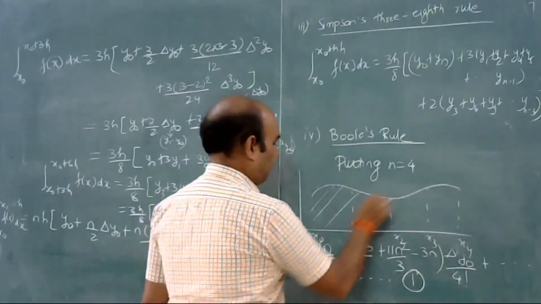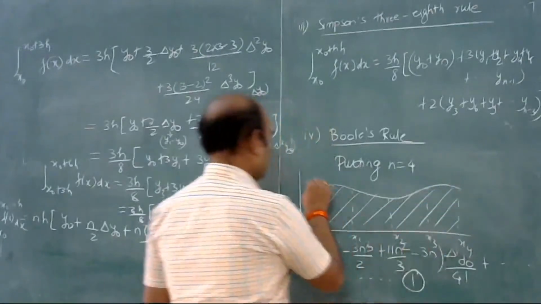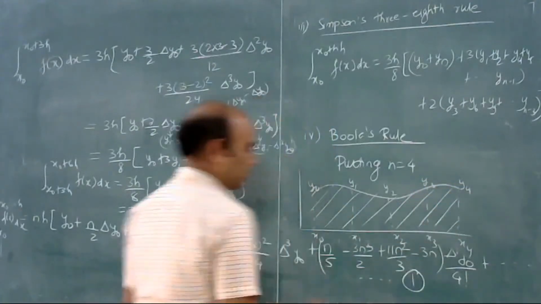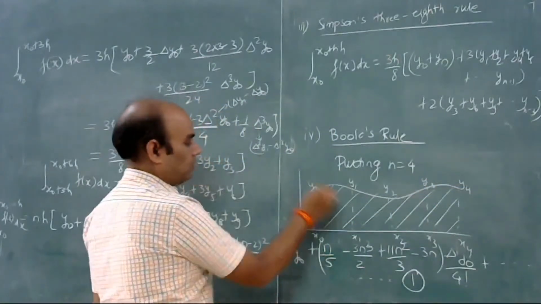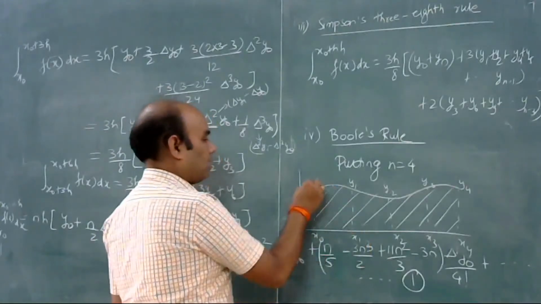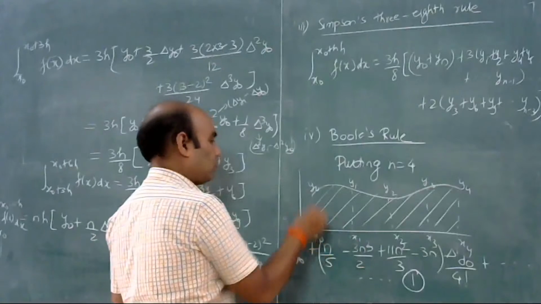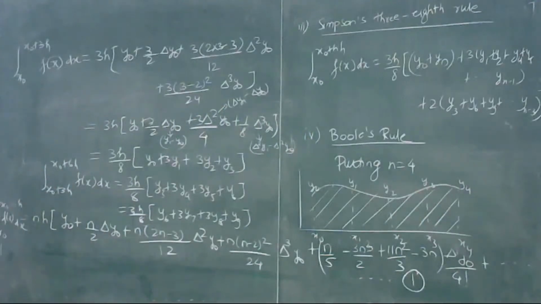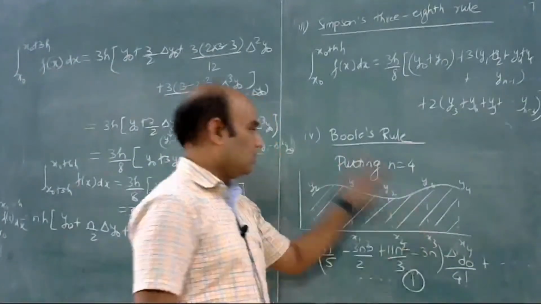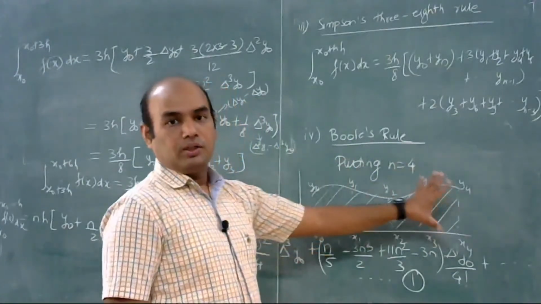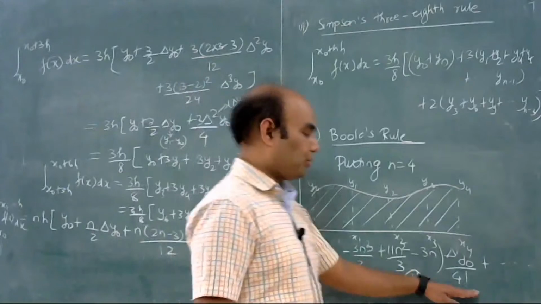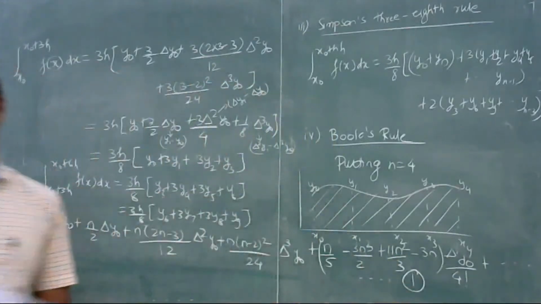We will find the area under this curve, with y0, y1, y2, y3 and y4. So the curve passes through the points x0, y0, x1, y1, x2, y2, x3, y3 and x4, y4. Again we will take the differences up to the fourth difference. This is a polynomial of fourth order, so we only have to take the difference of fourth order, and above this will be equal to 0.